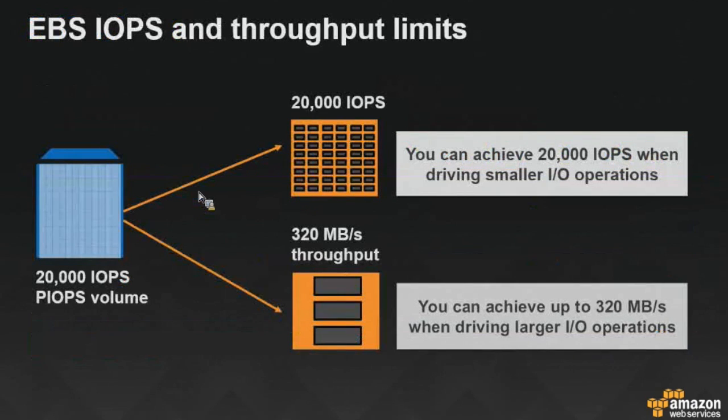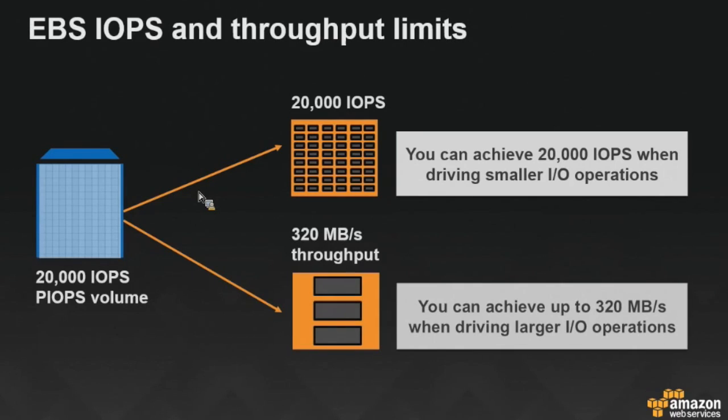So I want to explain a little bit of concept around EBS IOPS and throughput. So when you create volumes, or when you're using EBS, the volumes have two characteristics. They have their throughput and they have their IOPS. Now, the IOPS and throughput are related together, but they're also independent.